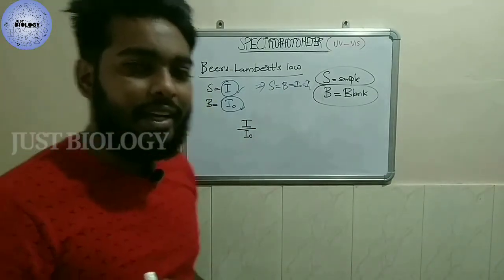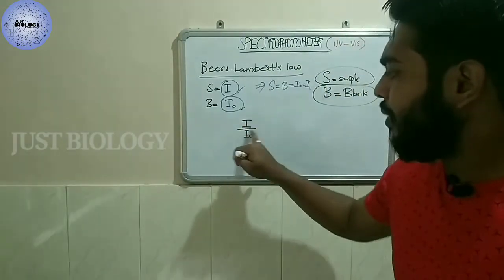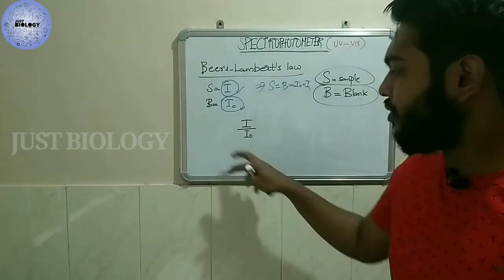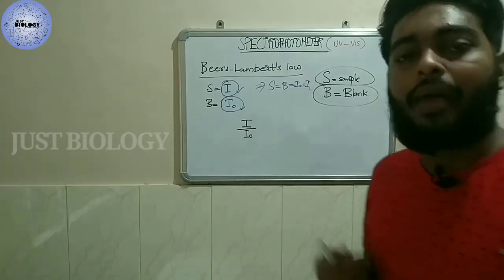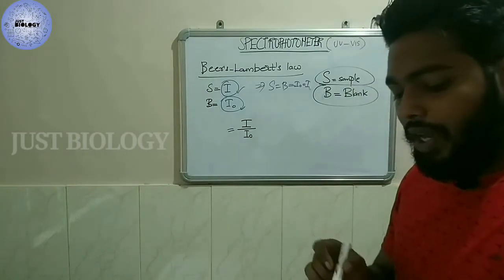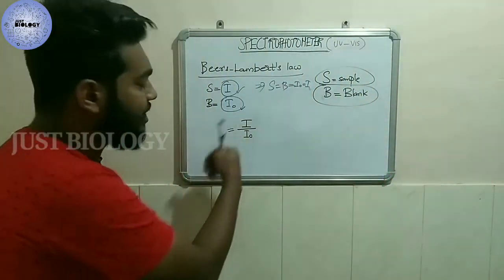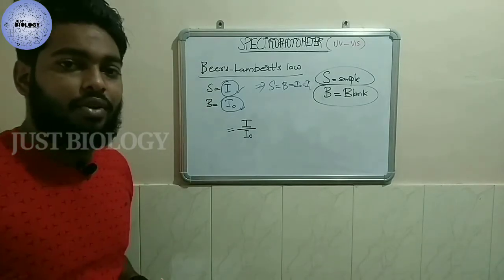That is the idea. That's why I have written I by I0, because we have to subtract this I0 from the I. This I divided by I0, we can convert into the transmittance form.